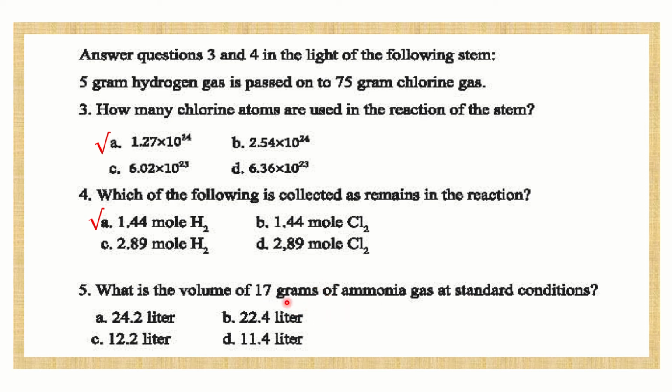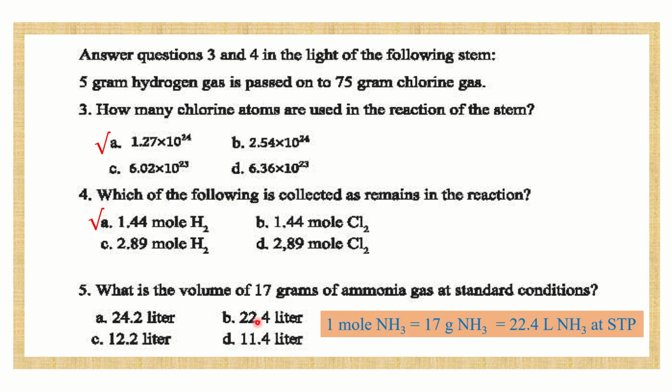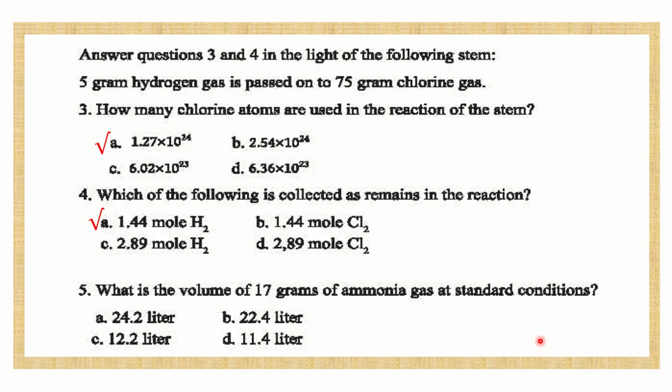That means it is 1 mole ammonia. So the volume will be 22.4 liter, because 1 mole ammonia is 17 gram ammonia and the volume of it is 22.4 liter at STP. So our answer will be B number option, 22.4 liter.